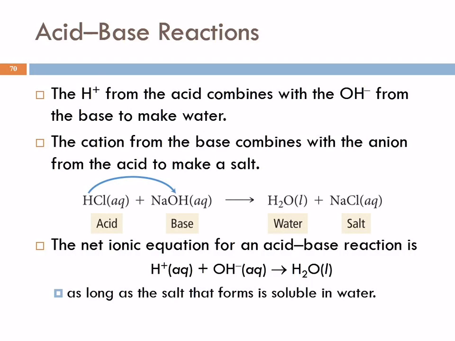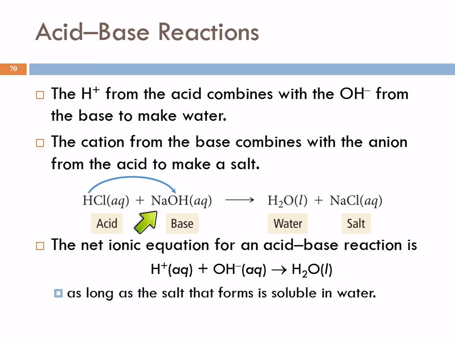Okay, so in an acid-base reaction, we've got the acid producing hydrogen ions, and we've got the base producing hydroxide ions. The hydrogen from the acid combines with the hydroxide from the base, and those combine to make water. So here we have an acid, hydrochloric acid, and we have sodium hydroxide as the base.